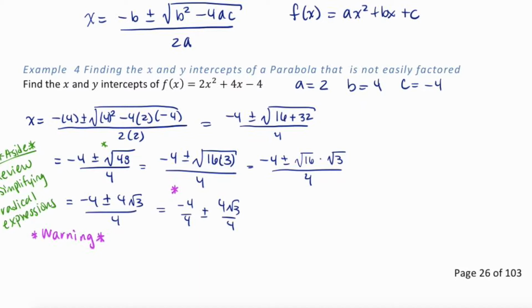So don't do these. We have -4 plus or minus 4 square root 3 divided by 4. What you do not want to do is this. If you do this, you might think the answer is -1 plus or minus 4 root 3. This is wrong.